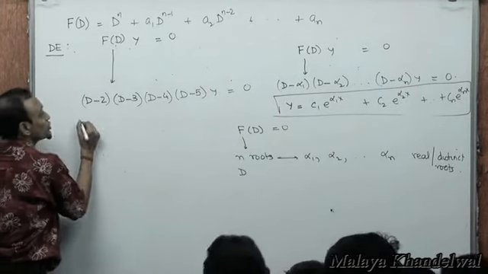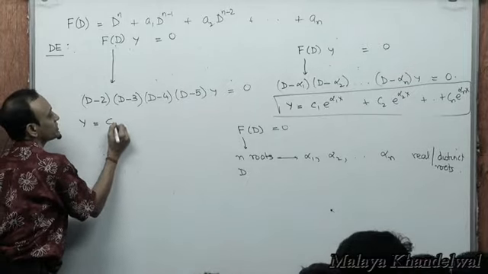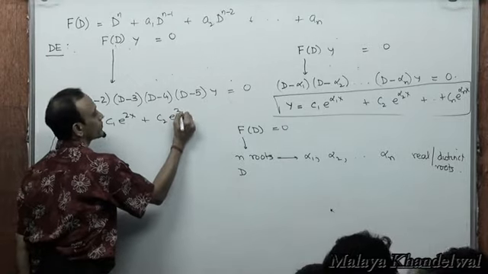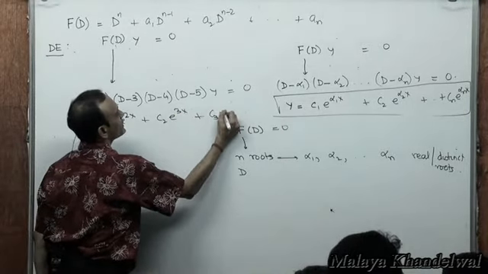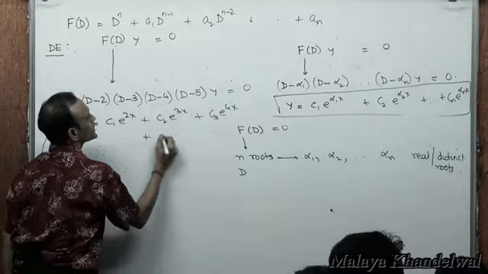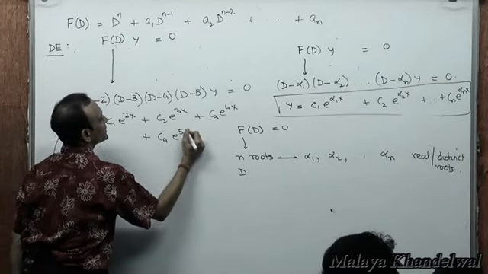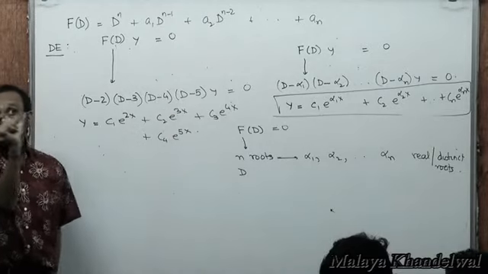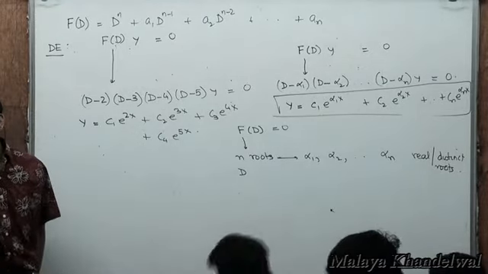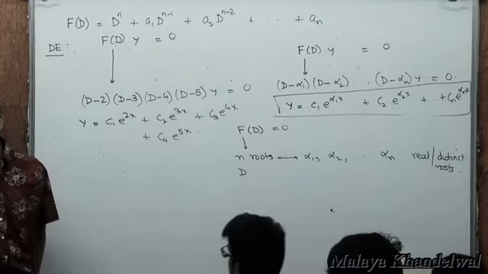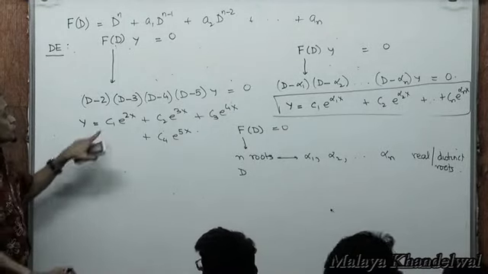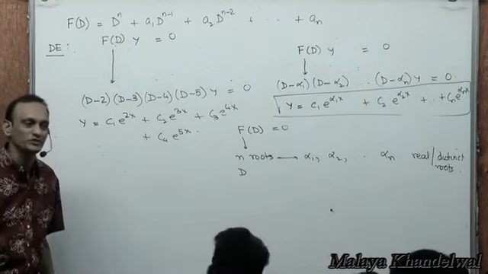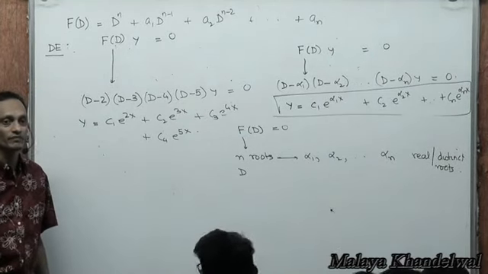So the general solution to this differential equation is going to be what? C1 e power 2x plus C2 e power 3x plus C3 e power 4x plus C4 e power 5x. 1, 2, 3, 4. It's a differential equation of order 4 because the highest derivative would be the fourth derivative. So it must have had 4 arbitrary constants. Yes or no?